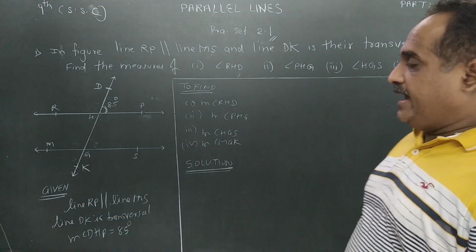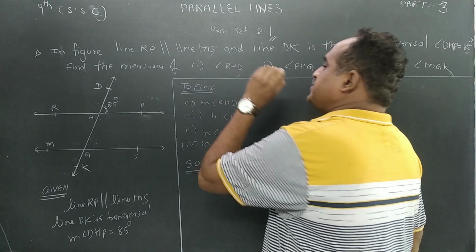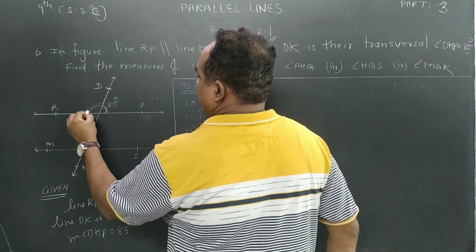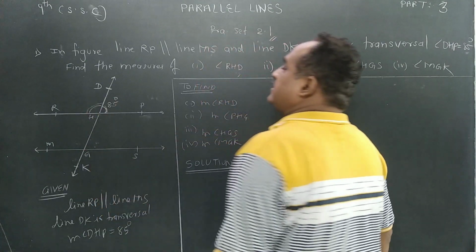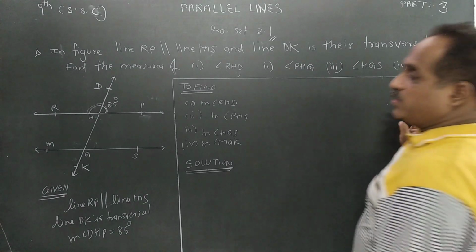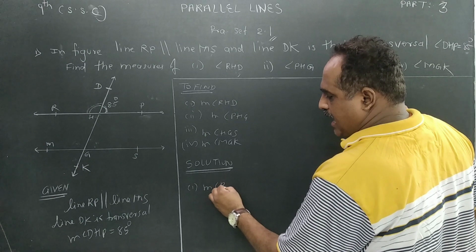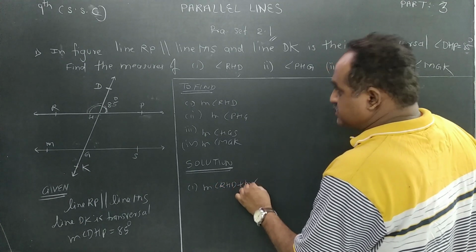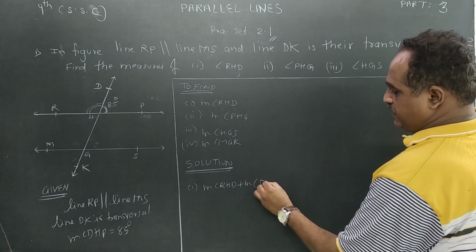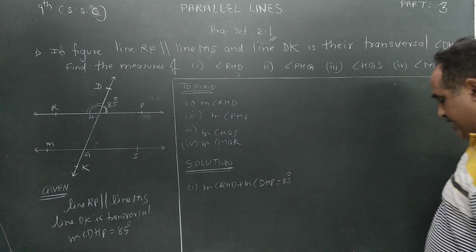आपके पास क्या है? This angle is DHP. They have asked which angle? RHD. RHD मतलब ये क्वेश्चन हुआ ना? So what is the relation between these two angles? Angles forming a linear pair. तो आप लोग उसी तरह से जाओगे. First answer: measure of angle RHD plus measure of angle DHP is equal to 180 degrees.